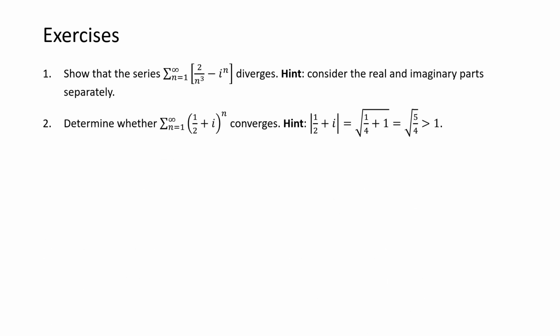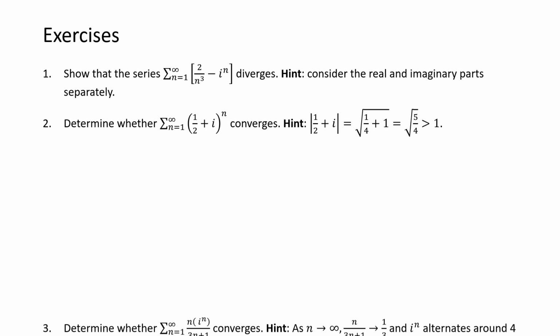Second one is determine whether or not this series, 1/2 plus i to the n, sum from n equals 1 to infinity, converges. And my hint here is to look at the modulus of 1/2 plus i. And when you compute that, you see that that's bigger than 1.